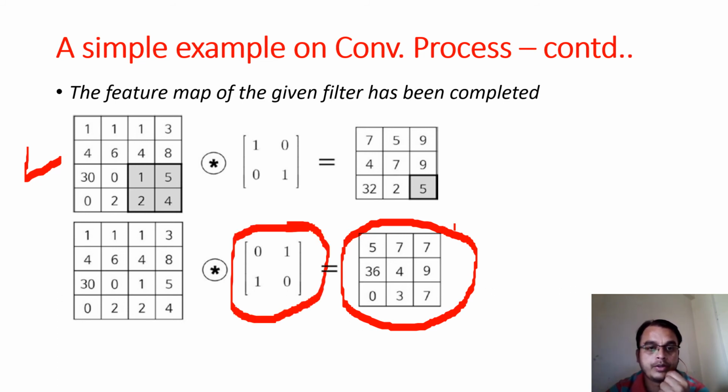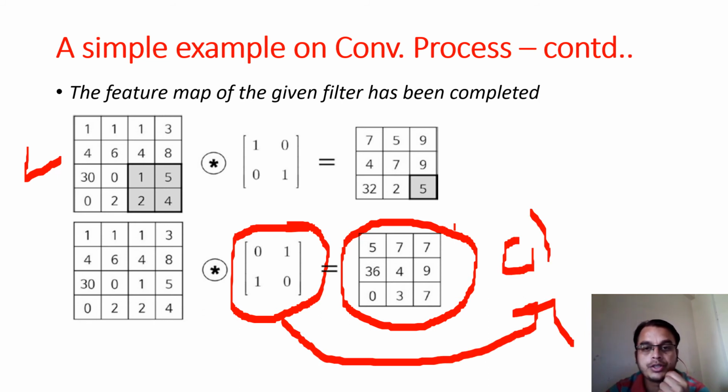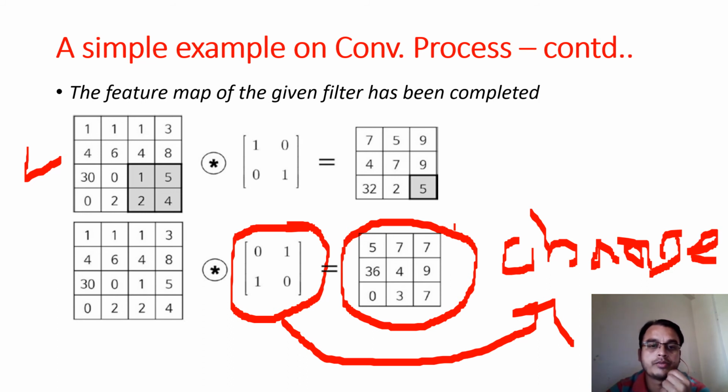Are you getting it? In this way you have to change the kernel, and once the kernel values have been changed, you can get a number of different convolutional feature maps.